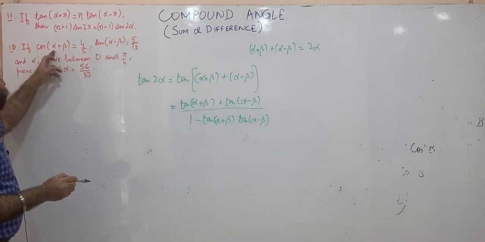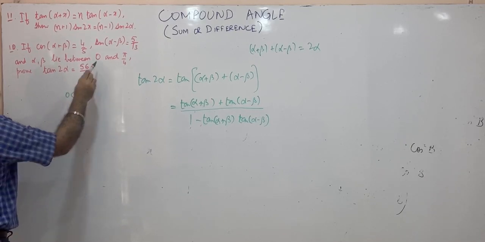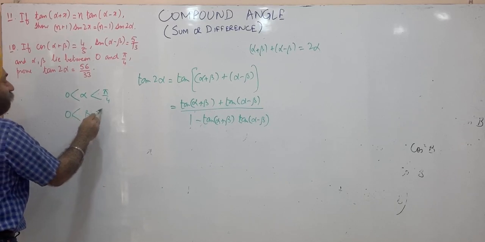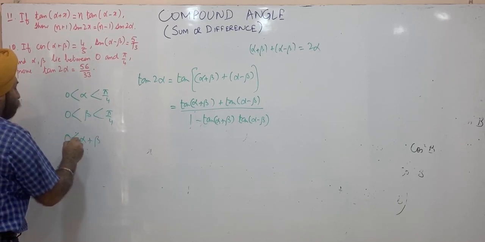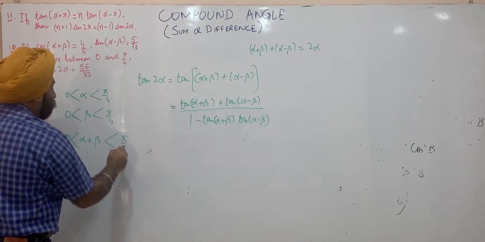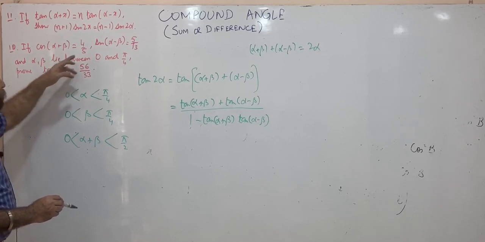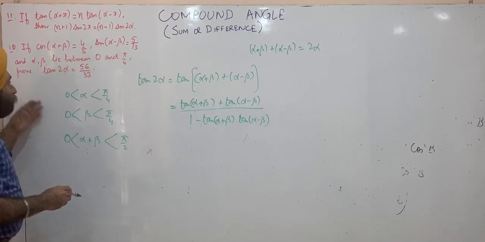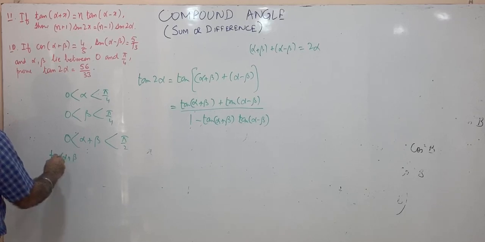From the values of cos of alpha plus beta, we are given 0 less than alpha less than pi by 4, 0 less than beta less than pi by 4. Adding, we get 0 less than alpha plus beta less than pi by 2, so alpha plus beta, and similarly alpha minus beta, will be in the first quadrant. So we need tan of alpha plus beta.